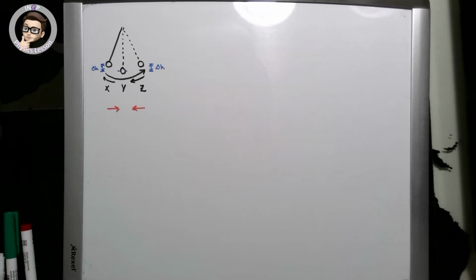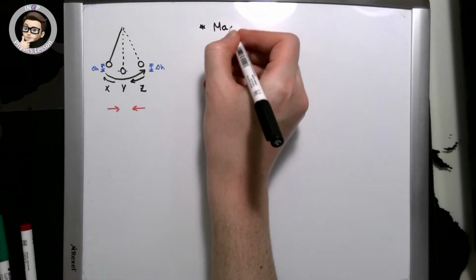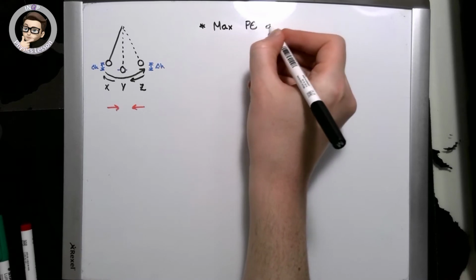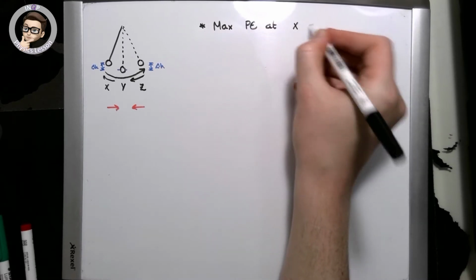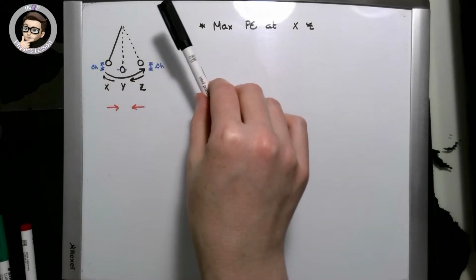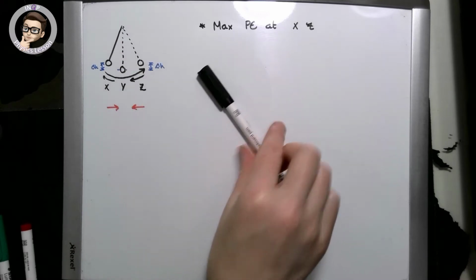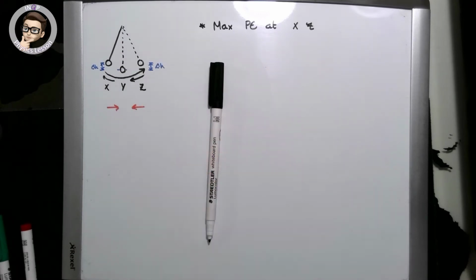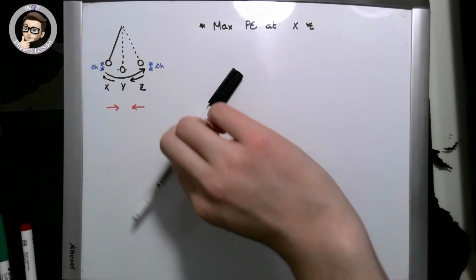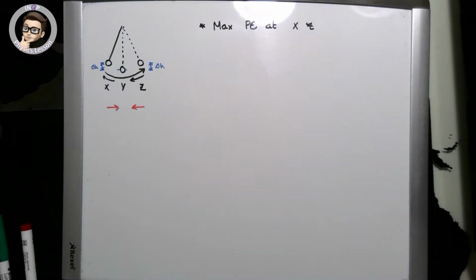So we can say that there is a maximum potential energy at the limits X and Z, because that's the point where it's got the greatest height above the ground, and the same on the other side. It's going to swing back to zero where it's quite low to the ground, and then it's going to swing back up and it's going to have the greatest distance from the ground again.